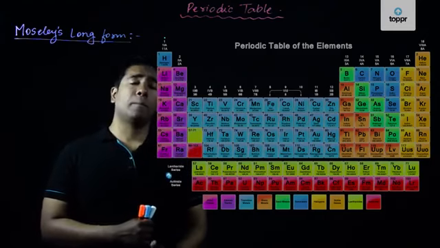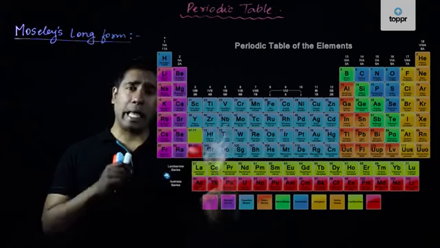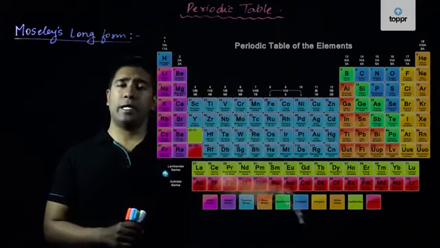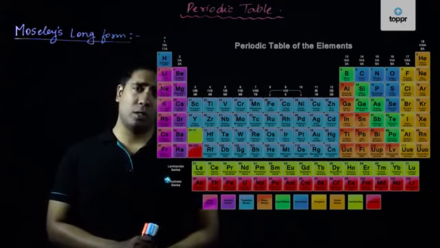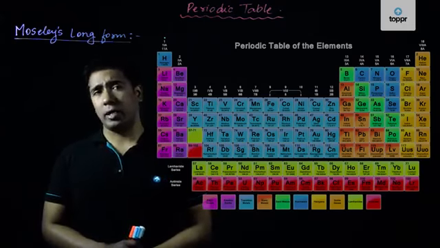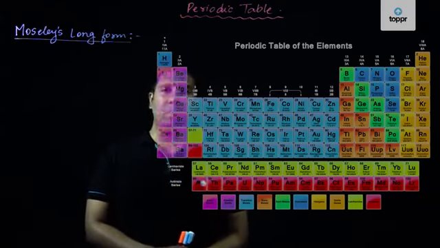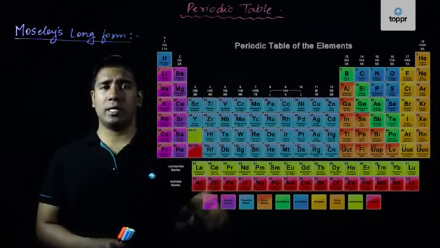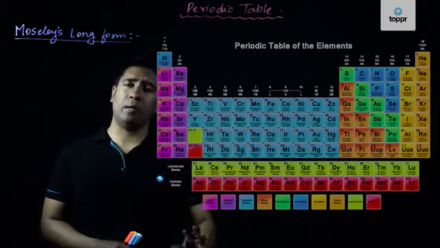So here we have a building type of structure with different blocks. It is very similar to a society which has multiple buildings. The first building shown here is that of the S block elements.